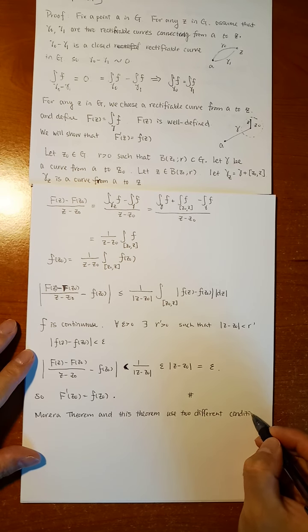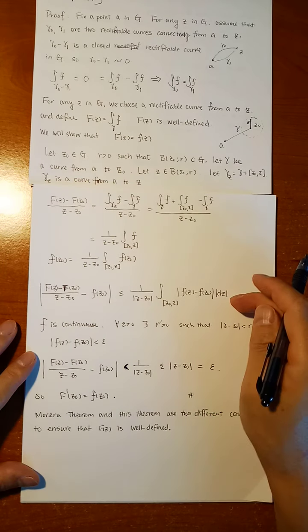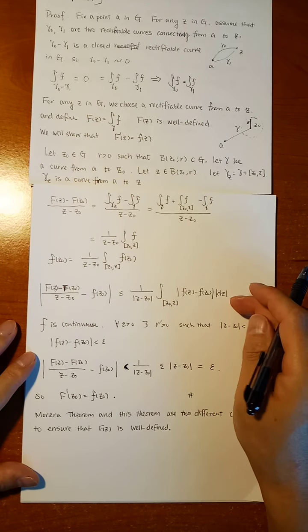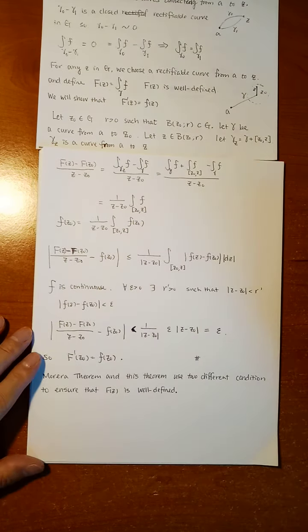They're both defined by the integral from a fixed point to the other point along a rectifiable curve. And when you have such a definition, because you have infinitely many choices of the path, you have to make sure that it is path independent. All right, so that's the difference between the Morera theorem and this theorem. After you finish that, you will see that this is almost the same, identical statement. Here we only use that f is continuous.